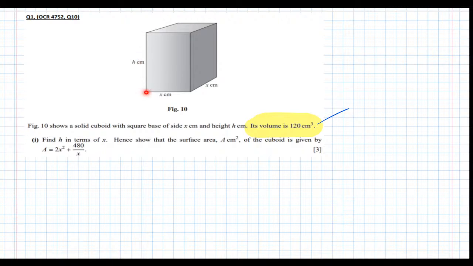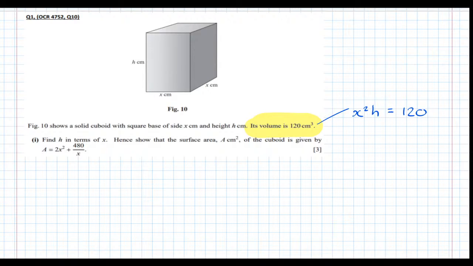So let's find the volume in algebra. So the volume is cross-sectional area, so x squared times the height. So what that's actually telling us is that x squared h equals 120. And we'll come back to that bit in a moment. That's almost certainly going to be useful later.